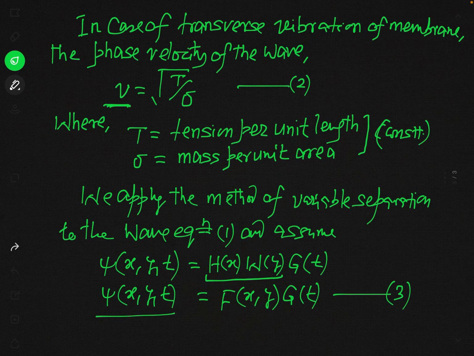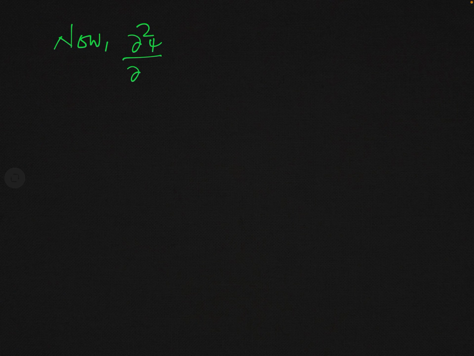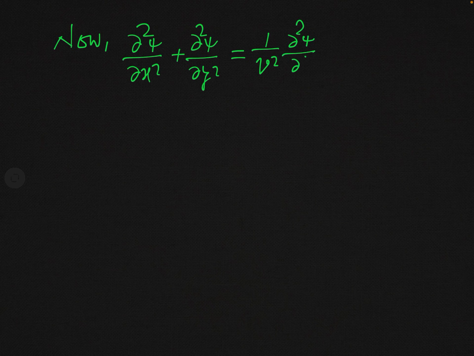Our wave equation is del 2 psi by del x square plus del 2 psi by del y square, equal to 1 over v square del 2 psi by del t square.